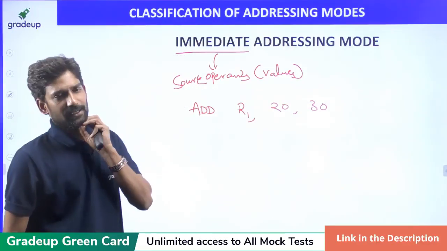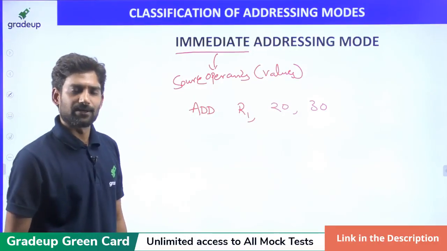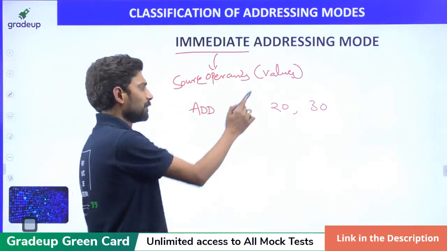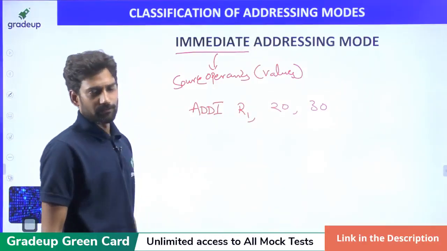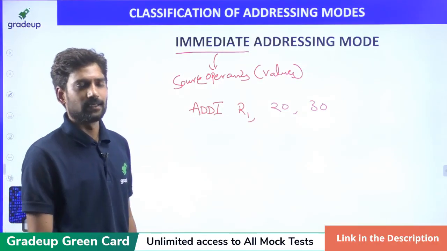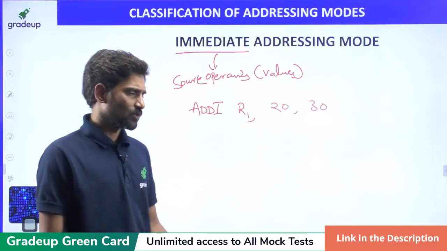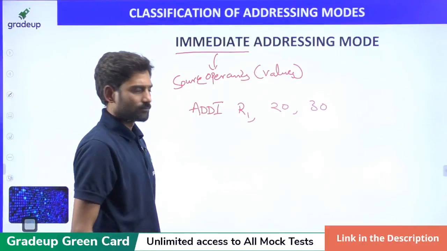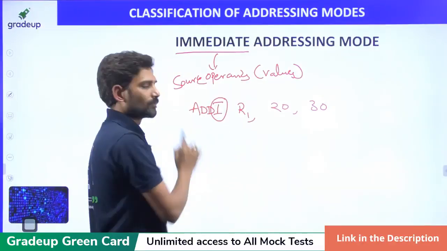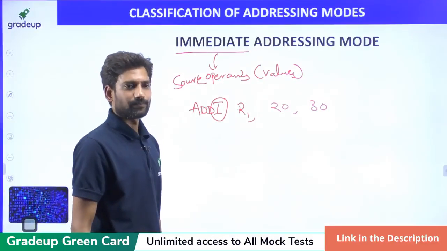We know that in RTL or in assembly language, by default any number is treated as an address. So to make this a value, we have one possibility: suffix the opcode with I. So now 20 is a value, 30 is a value. What does this I indicate? This is immediate mode.